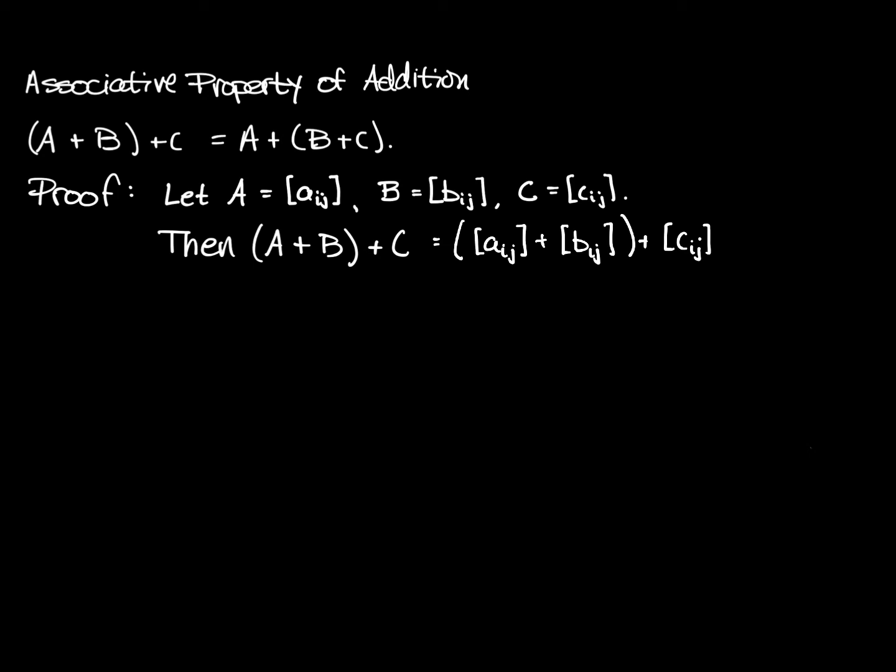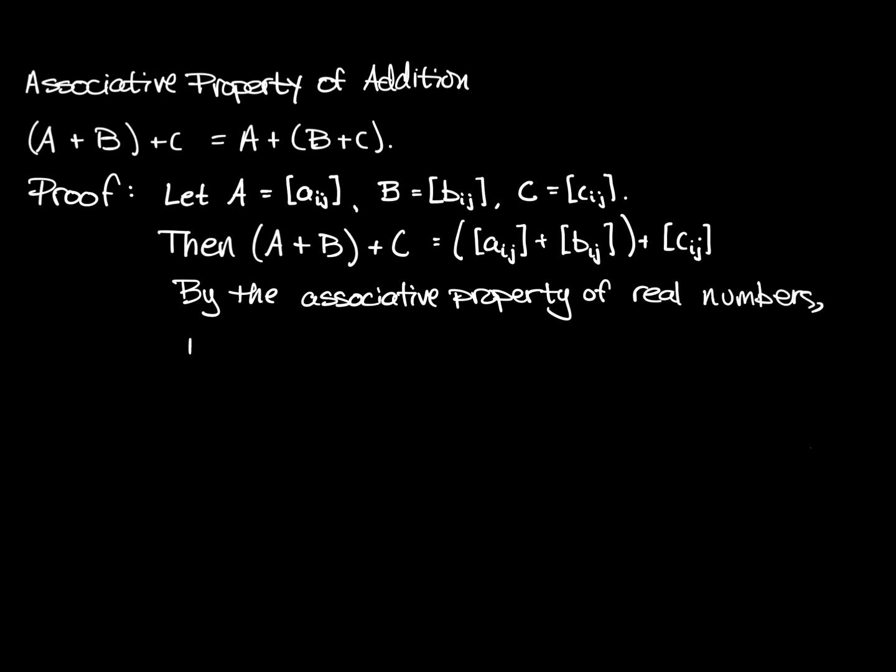What I'm going to do now, though, is say that by the commutative property, sorry, it's not the commutative property, it's the associative property of real numbers, this is equivalent to a_ij, the entries in matrix A, plus, because each one of these is a real number, right?